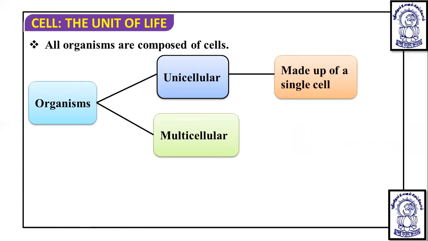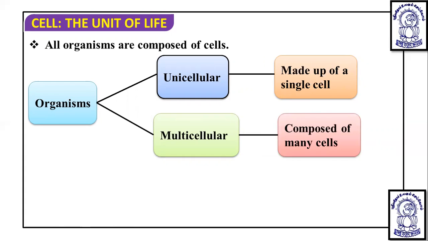There are many examples of unicellular organisms, like bacteria, single-cell fungus, that is yeast, some protists, protozoans, and unicellular algae. They are all made up of a single cell. But higher plants and higher animals are composed of many cells.